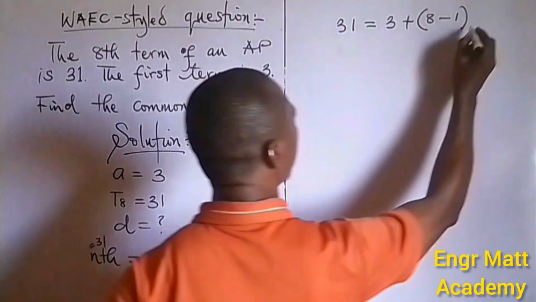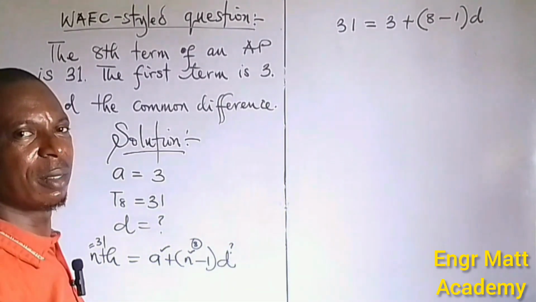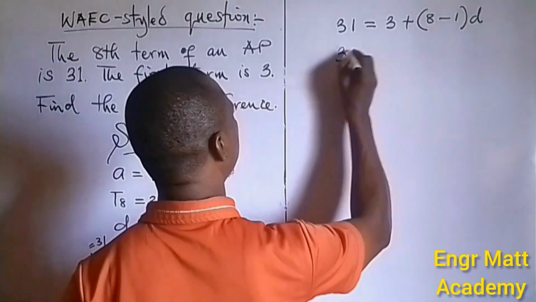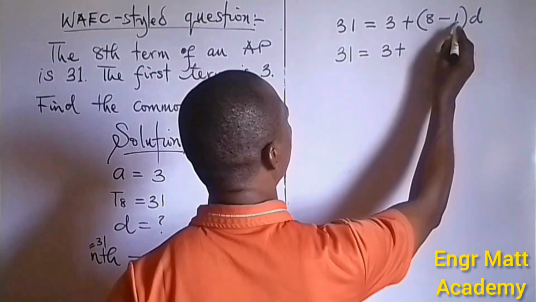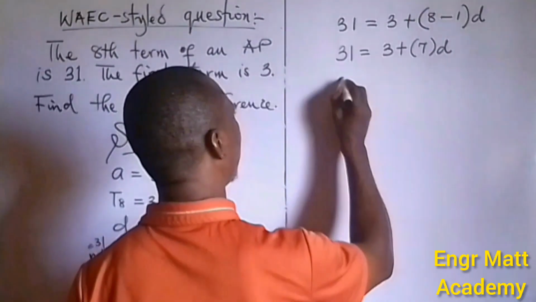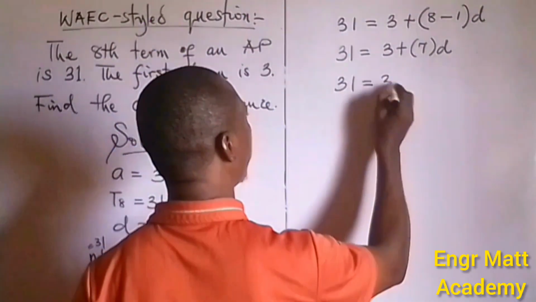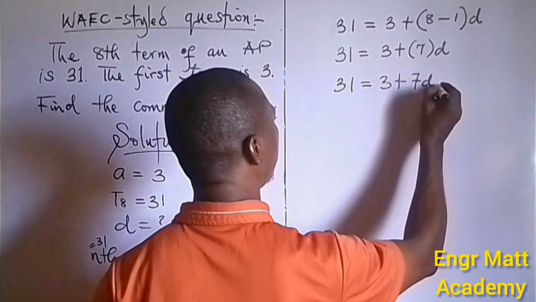We don't know d yet. Now let's resolve the brackets. Remember, always resolve the brackets first. 31 is equal to 3 plus 8 minus 1, which is 7, times d. 31 is equal to 3 plus 7d.